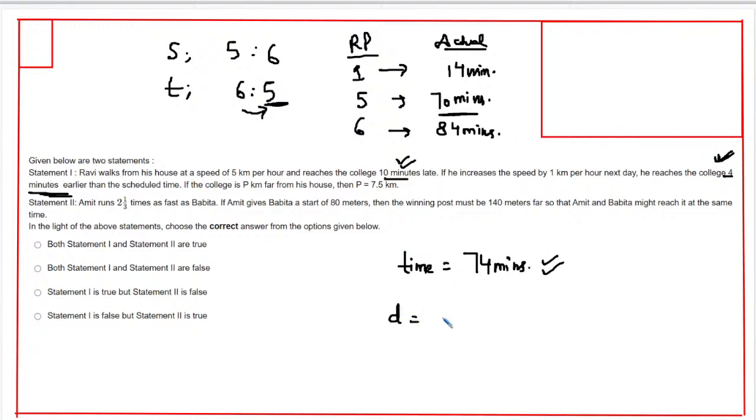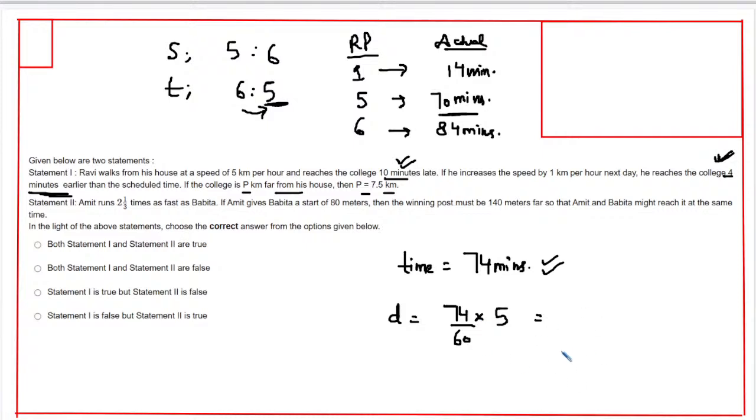How much is the distance covered? Distance is 74 minutes divided by 60. And the speed is what? 5 km per hour. If the college is P km far from his house, then P is 7.5.